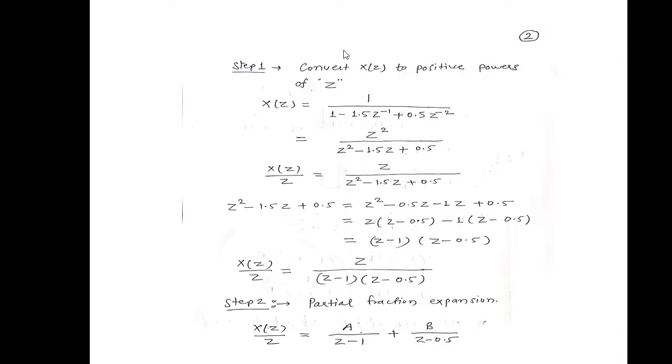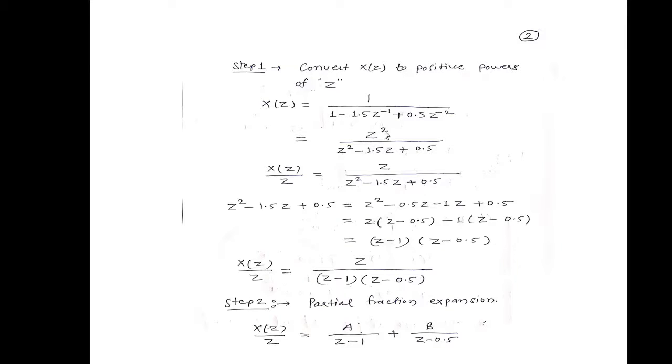So we can have some steps for this example. The first step is to convert X of z to positive powers of z. This X of z is given in the question, and we can convert it in terms of positive powers of z.